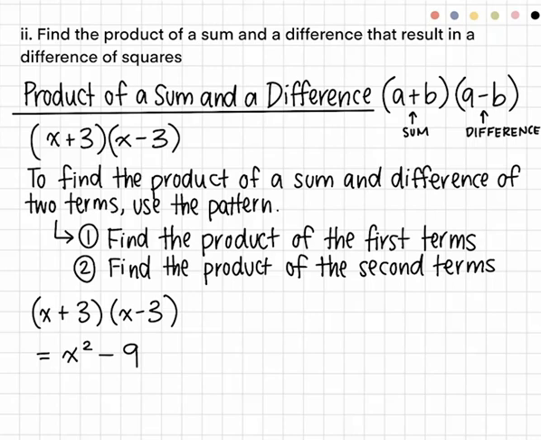Now, I'm going to show you this broken down using distributive property, so you can see how we got to x squared minus 9. So let's go ahead and do it. So we've got x times x is x squared.